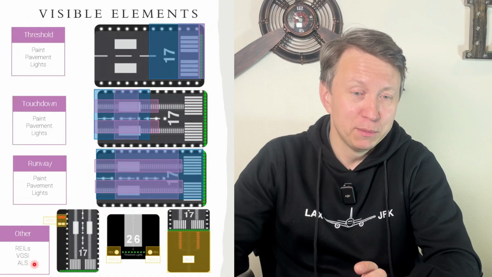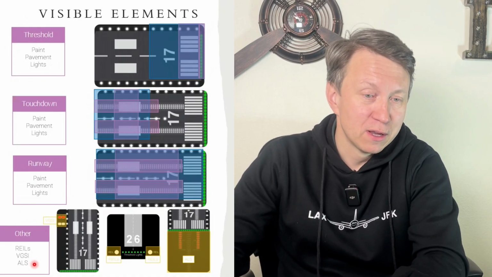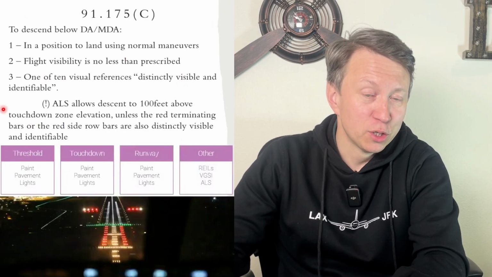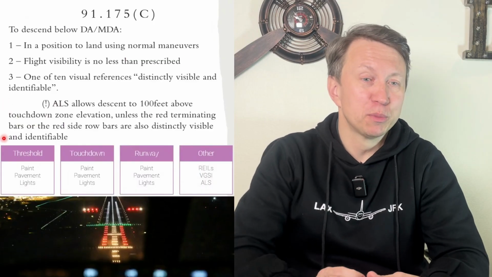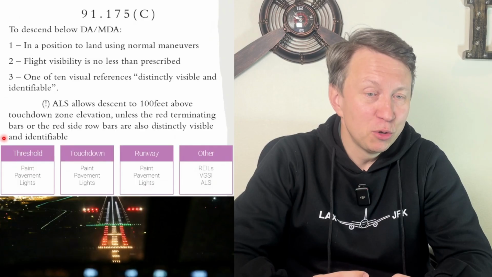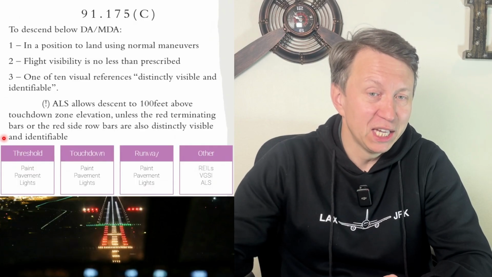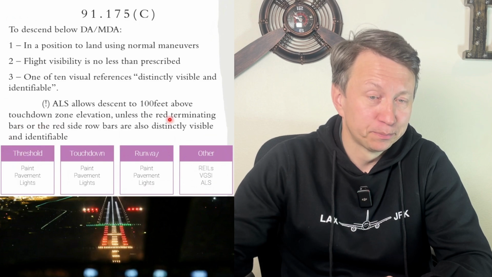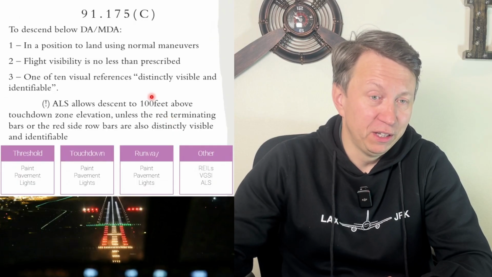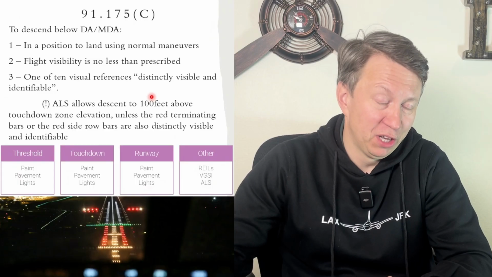And then we come to one very important detail about the ALS. If out of all those possible lights surrounding the runway, the only thing you see is the approach lighting system, and you don't see the red terminating bars, then in this case, you are allowed to descend to 100 feet above touchdown zone elevation.